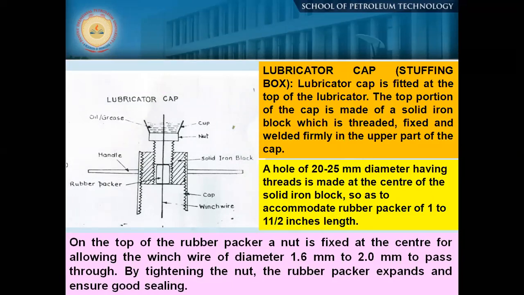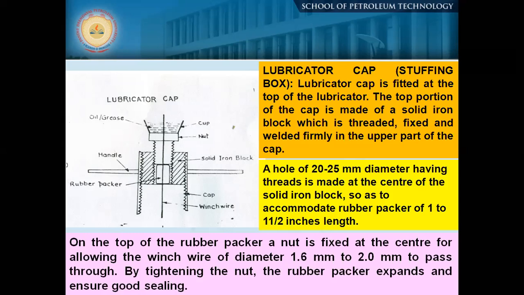There is a small hole in the rubber, through which you can lower down your winch wire. You cut the winch wire and put it there, and then tighten the nut so that the rubber will be squeezed and hold your wire in a very tight manner. Have you got the idea?